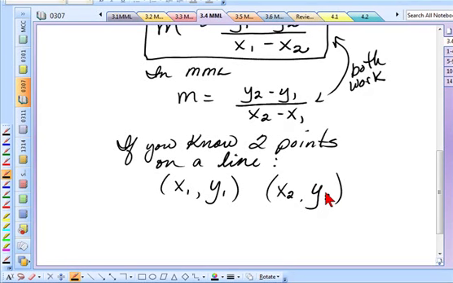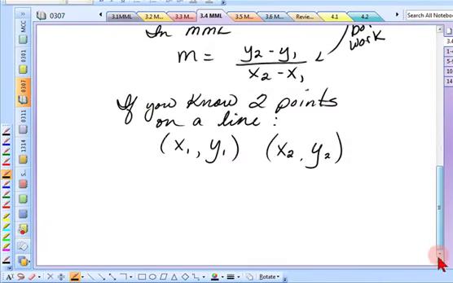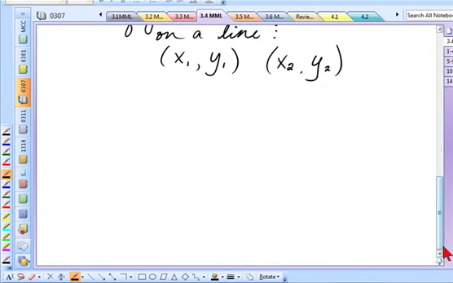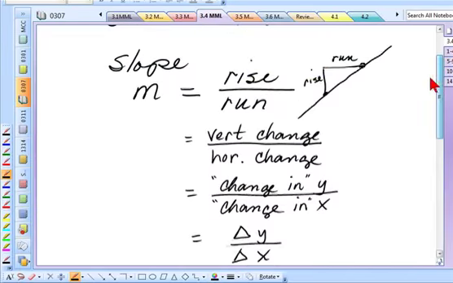All right, let's go ahead, and I'm going to probably come back to this. I'm going to go ahead and do it now, even though it's going to be a little bit out there because we're not doing any problems yet. All right, slope of a line. One thing we're going to do is look at a picture of a line and figure out the slope.